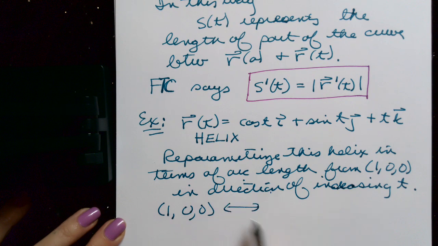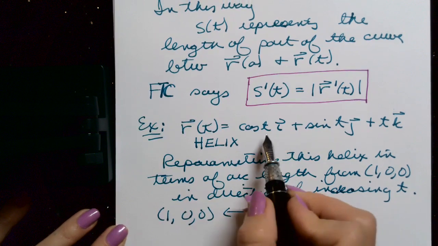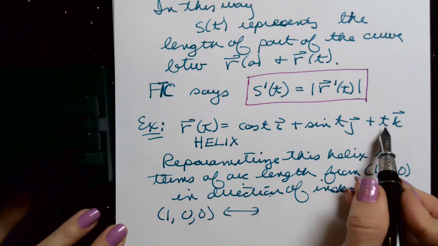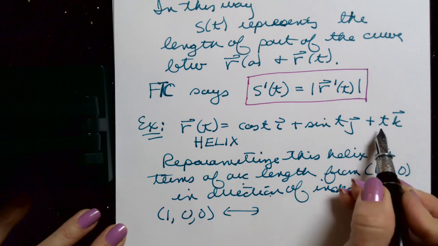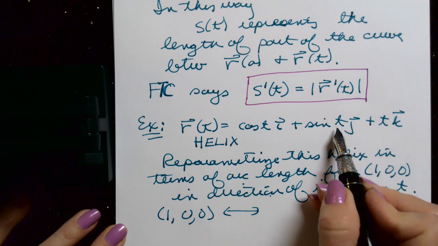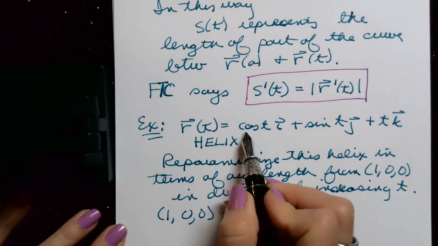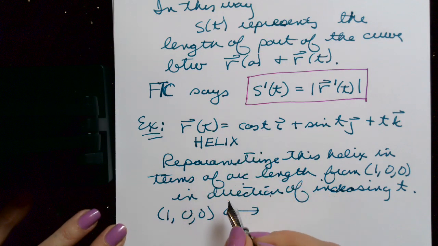Well, when you're at 1, 0, 0, the last coordinate is the z coordinate that tells you t equals 0. And that works: sine of 0 is 0, and cosine of 0 is 1, so we're good. So this corresponds to t equals 0.